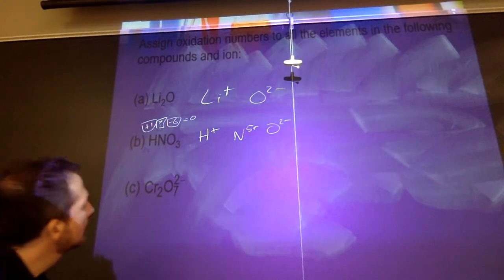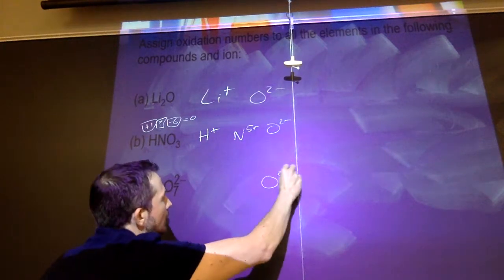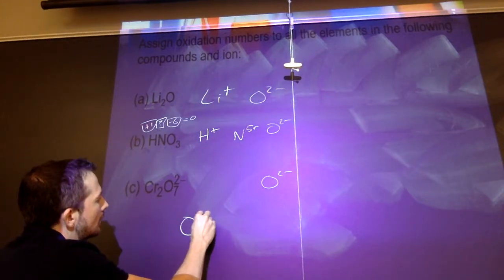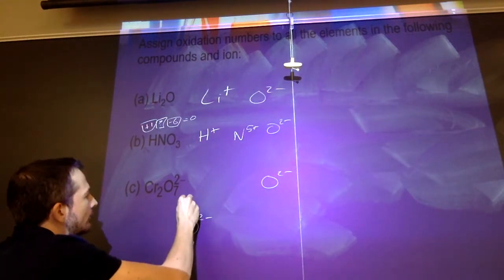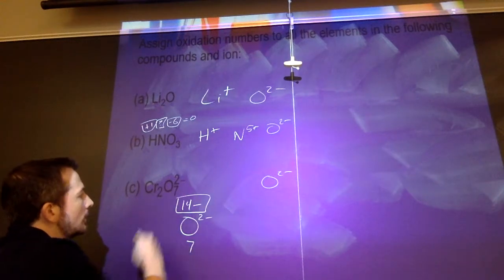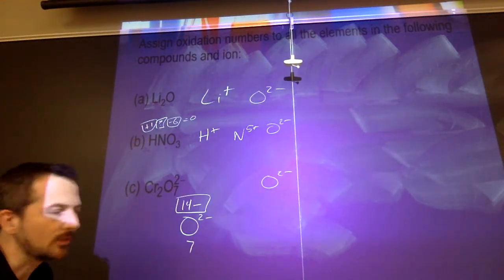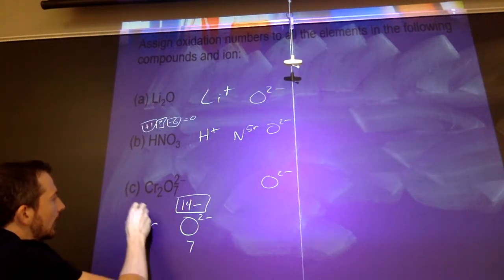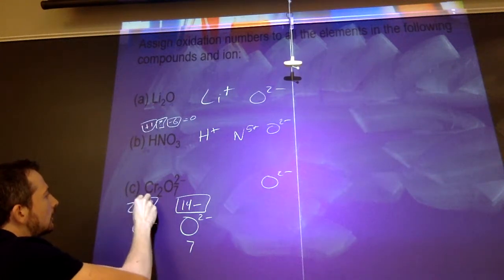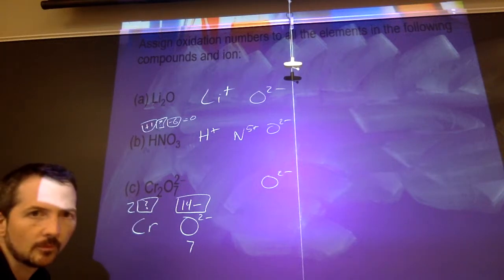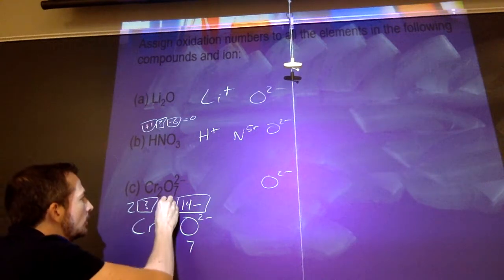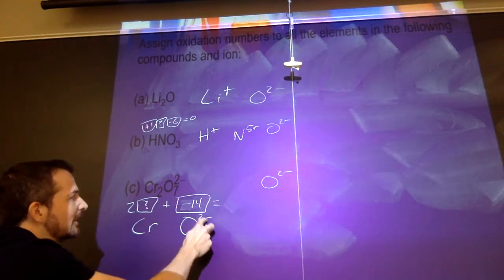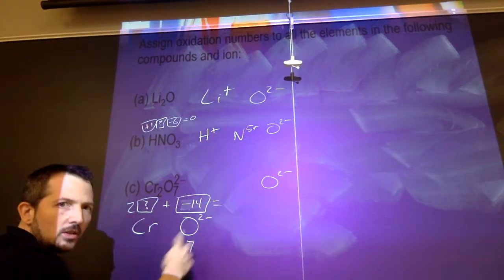Cr2O7, same thing. I know oxygen's a 2-. They have 7 of them. So that's a 14-, or you can say -14. Chromium, okay, I have 2 of them, so 2 times what will give me the charge of this.